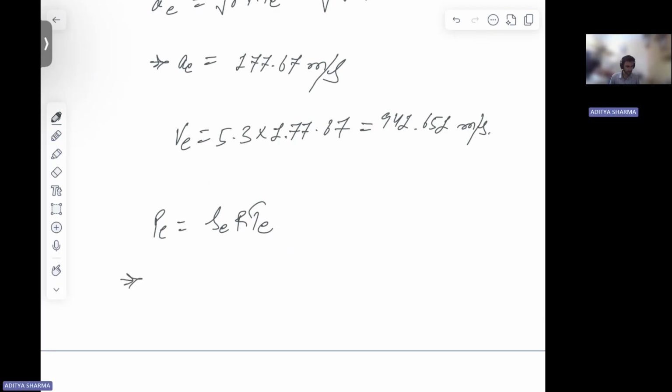Implies P exit is 0.016 atmosphere. Now we will convert into pascals.